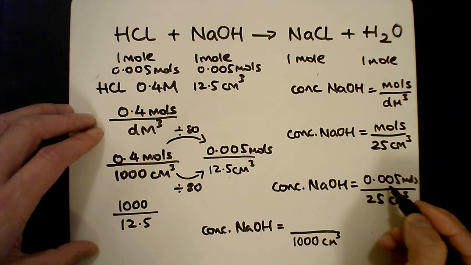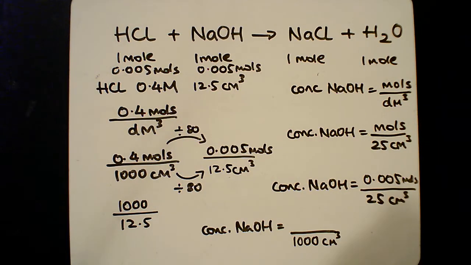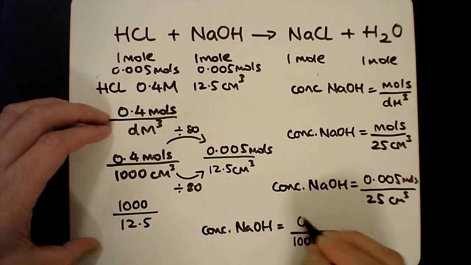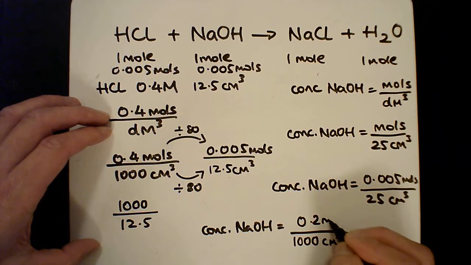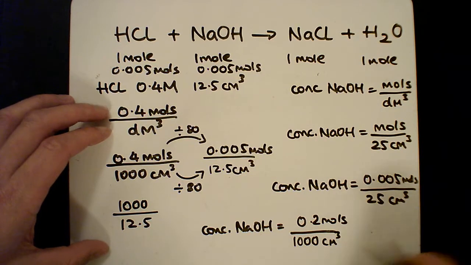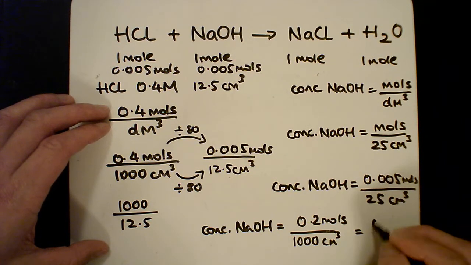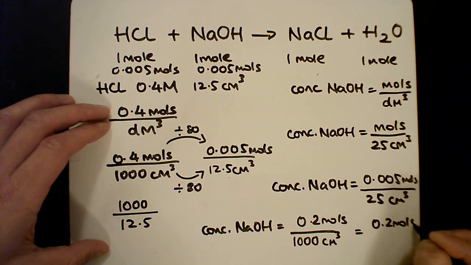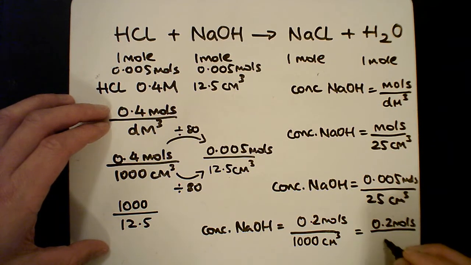So 0.005 times 40 gives you 0.2 moles. This is the same as 0.2 moles over 1 decimeter cubed.